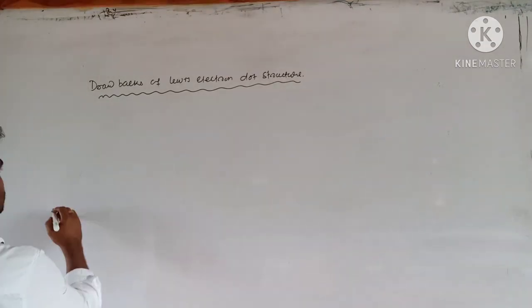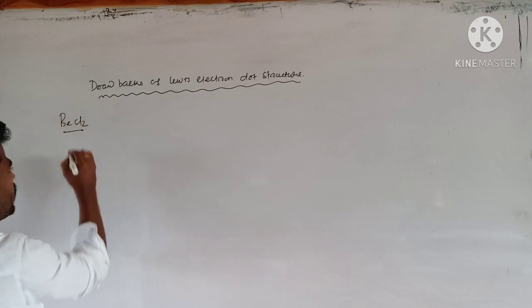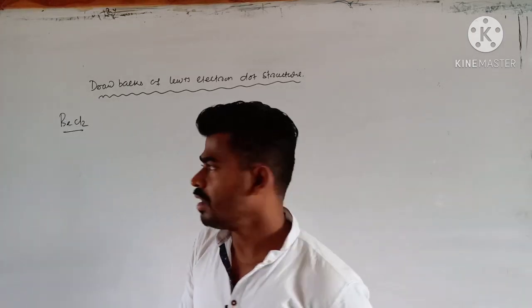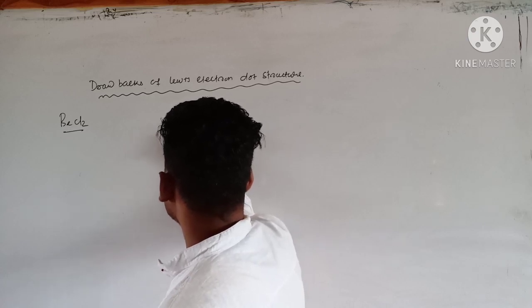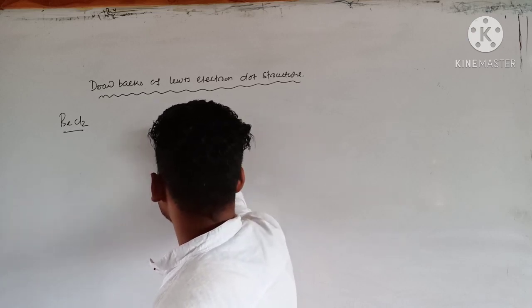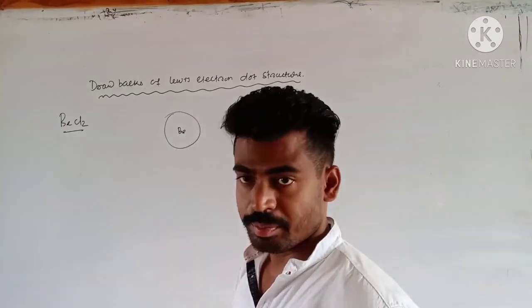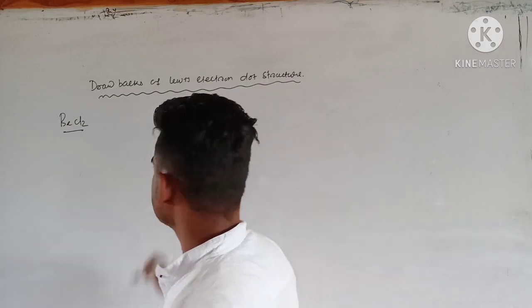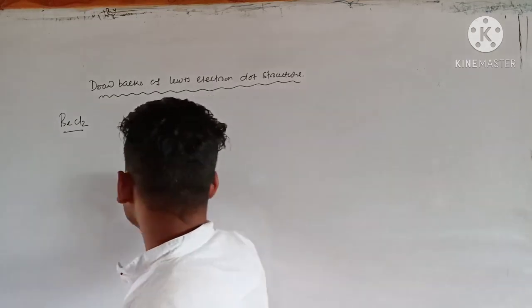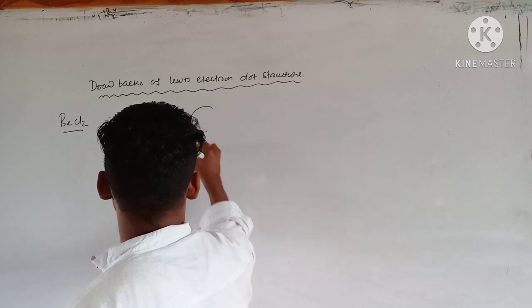Molecules like, let us consider, BeCl2, beryllium chloride molecule. Beryllium has how many valence electrons? Beryllium has 2. And this is chlorine, and this is chlorine.